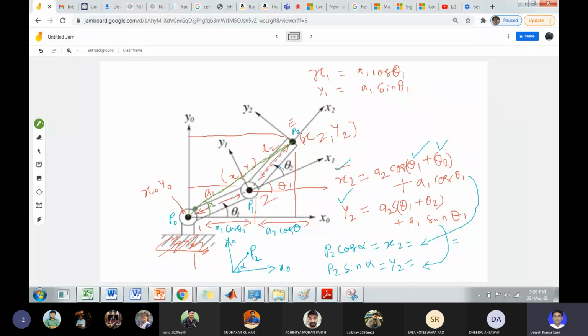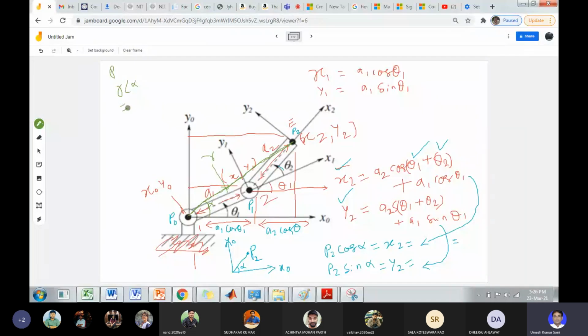Any coordinate P2 has coordinate x2 y2. The radial distance of this point is r, at angle alpha. You can define any point P2 by r and angle alpha also.